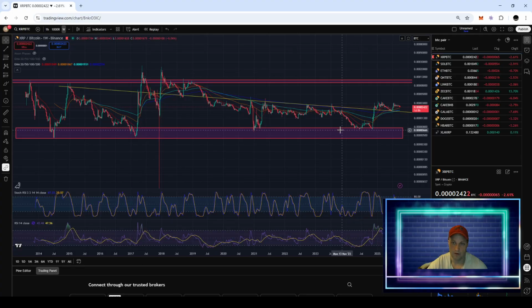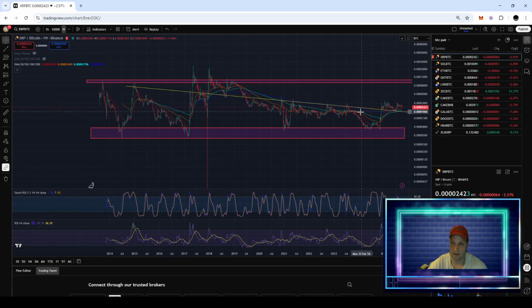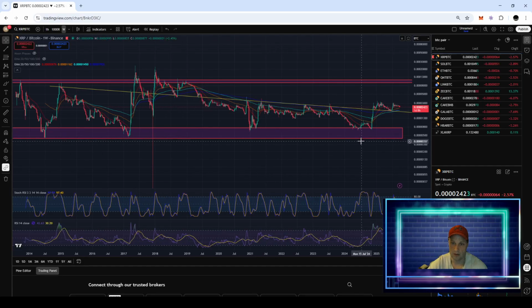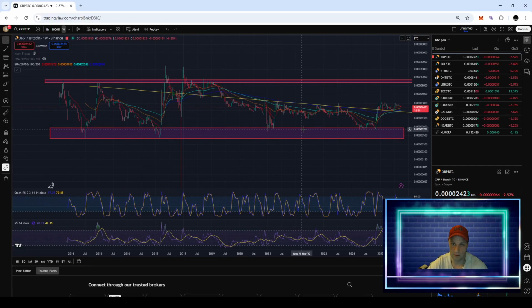Then we also have quite some downside area of interest. Here we had 2 absolute lows, but then we kind of touched this area. This is why I always like to draw a box, because it displays where you see the actual interest a lot better. This is the area of interest where buyers are stepping in, as you can see. This is the area of interest where sellers are coming into play.